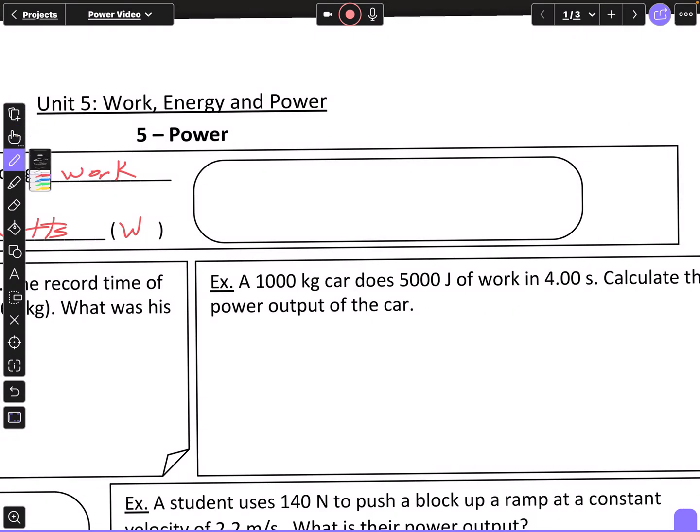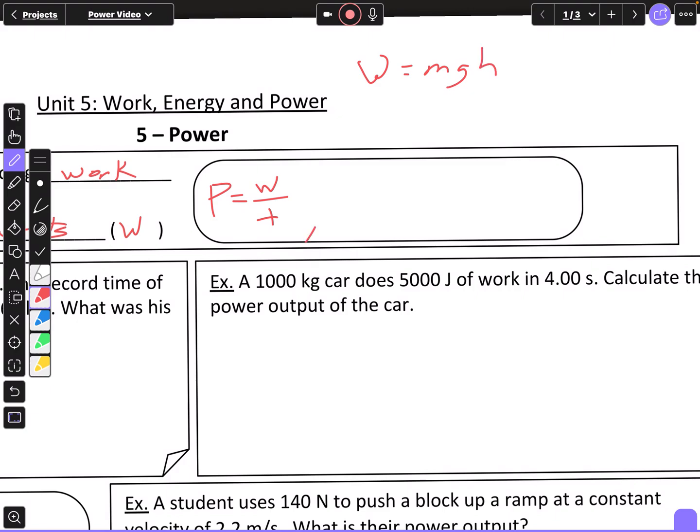Now the equation we're going to use for power, we use P for power, and that's equal to work divided by time. Now, we know that in our problems, it's not going to be as easy. We're not always going to be given work. We might be given some other things to solve. So since work is equal to mgh, we can plug that in.